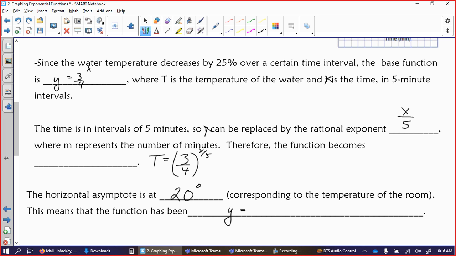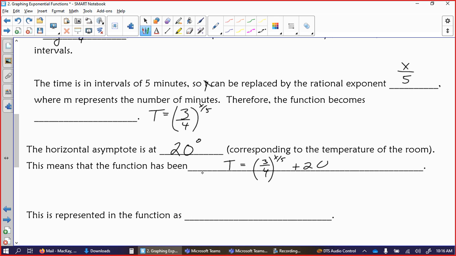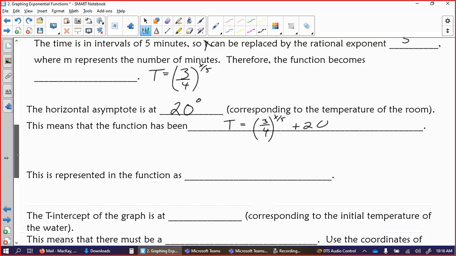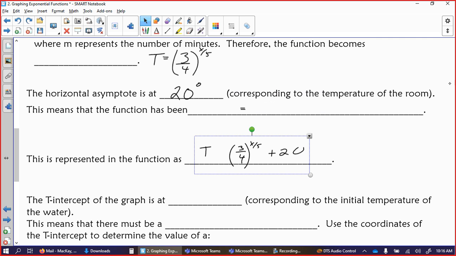So now we have T equals 3/4 to the x over 5 plus 20, because that asymptote has moved up 20. Sorry, this whole thing needs to go there.